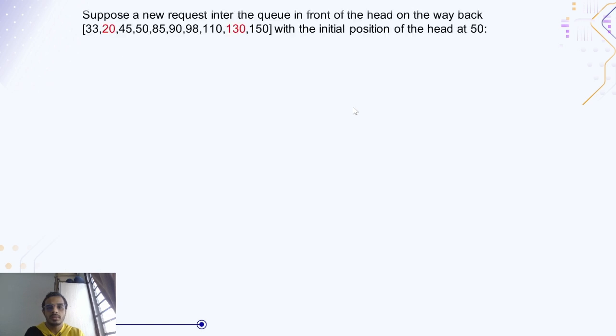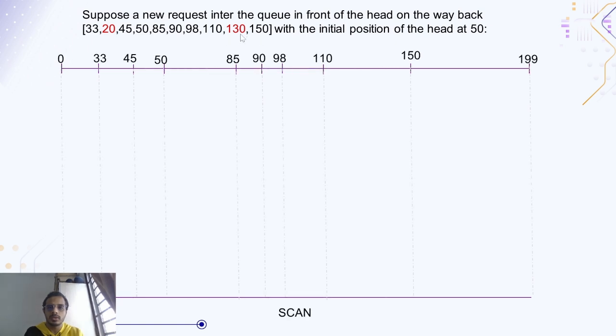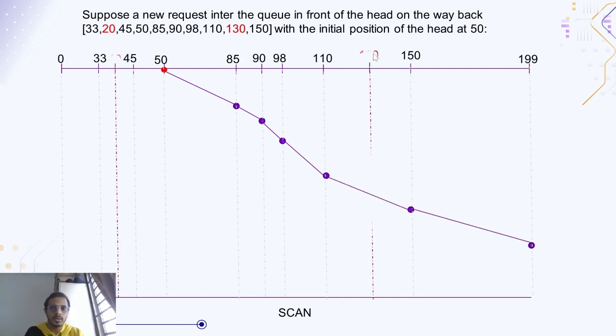But let's take another example where a new request enters the queue in front of the head on the way back. Let's take the same example but with a new request on the way back in front of the head. The initial position is at 50, and the head will move until the end, serving all the requests. Then on the way back, as you can see here, 130 and 40 just entered the queue. Based on the SCAN algorithm, these requests have to be served on the way back because they are in front of the head.